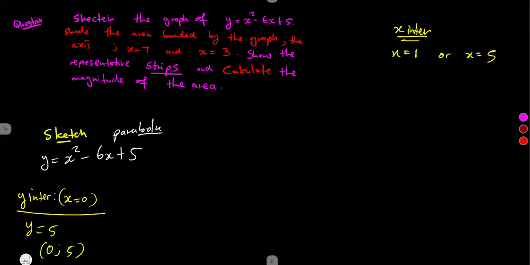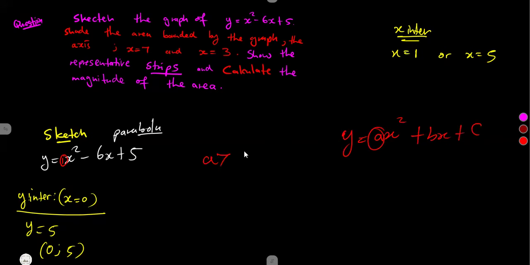We move on. It's a parabola. We can also try to understand the turning point. All right, let's talk about the shape first. y is equal to 1x squared. The coefficient of x squared is positive. Remember, if you are given y is equal to ax squared plus bx plus c, a determines the shape.